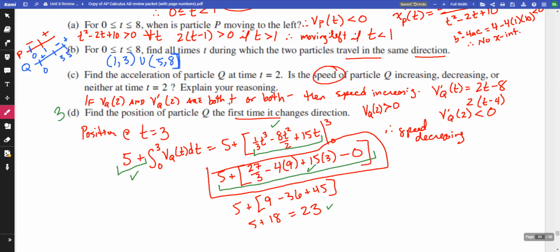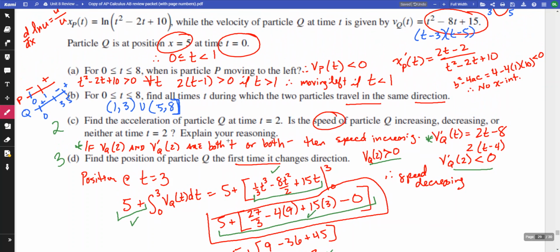For part B, we need to have the reasoning, and we need to show that the velocity is positive and the acceleration is negative. And we must have that acceleration found. It's okay to say positive, it's okay to say negative, but we must show that acceleration, and there's 2 points associated with this.